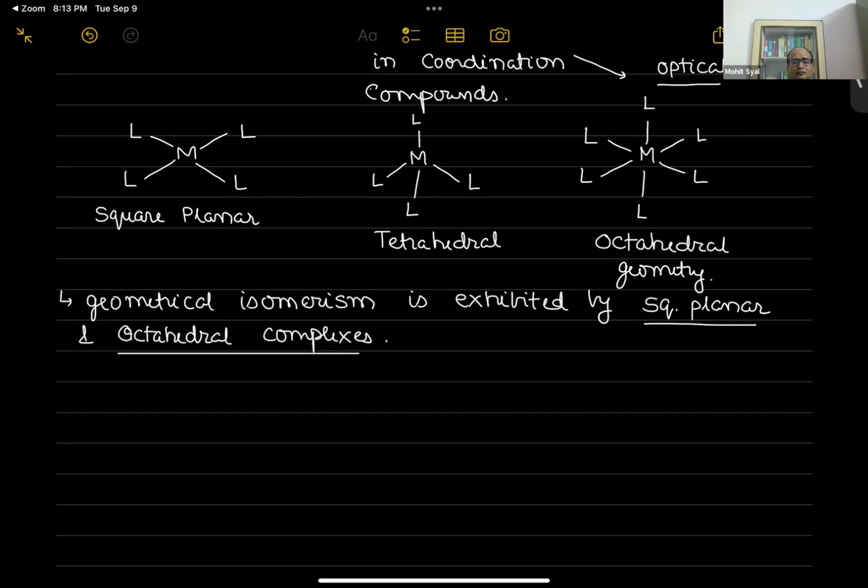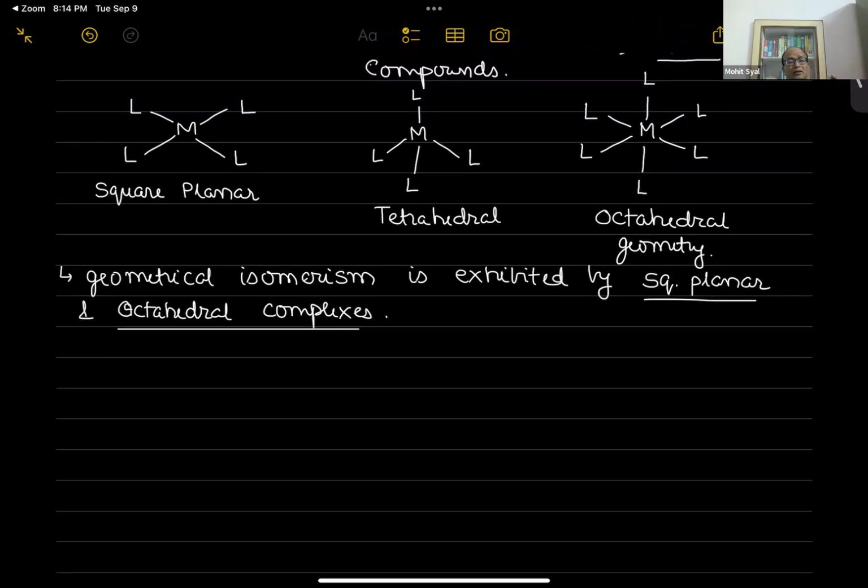Because of the positioning of the atoms, the relative position. Yeah, it is symmetrical. All four ligands are symmetrically placed. So no cis or trans is possible.